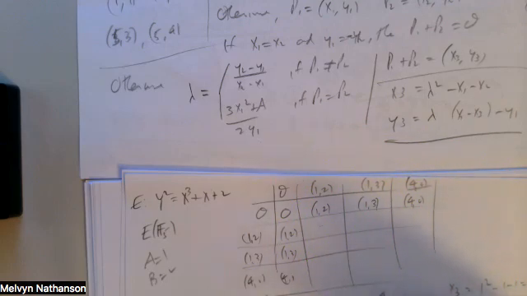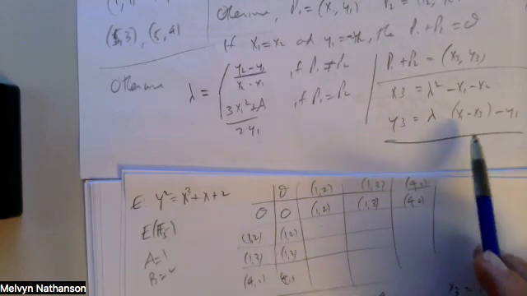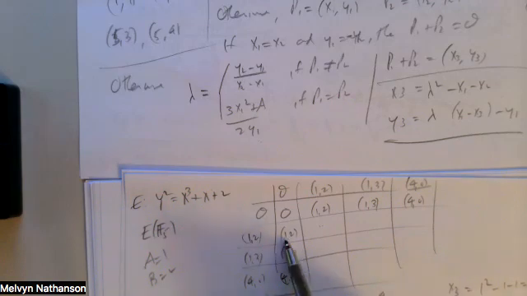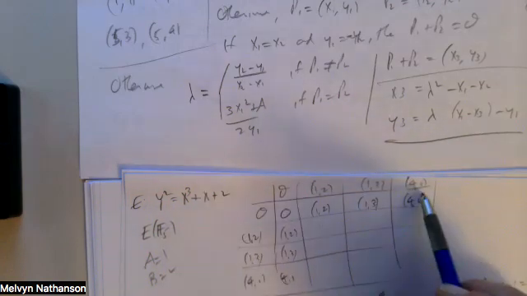And y3 is lambda, 1, times x1 minus x3: x1 is 1, minus x3, which is 4, minus y1, which is 2. So that's minus 3 minus 2, that's minus 5, which is 0. So the point (1, 2) plus (1, 2) is (4, 0).